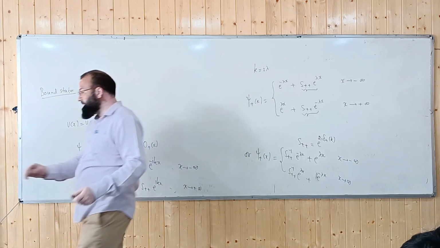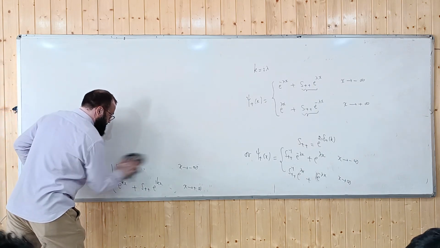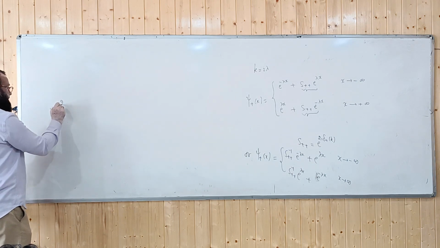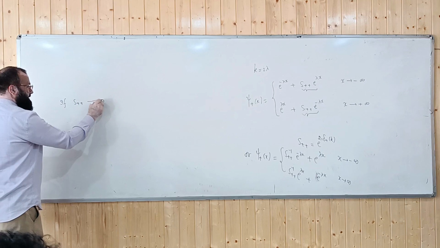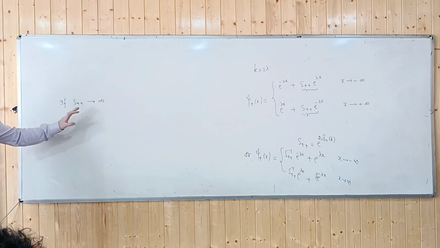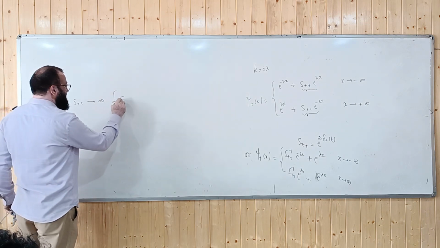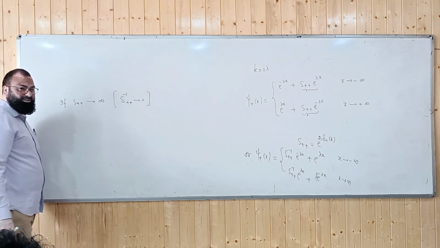So tell me. If this S plus plus goes to infinity, if S plus plus diverges, what does that mean? It implies S plus plus inverse goes to 0. Got it?